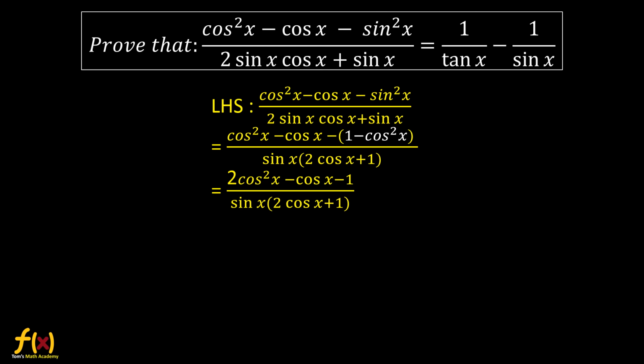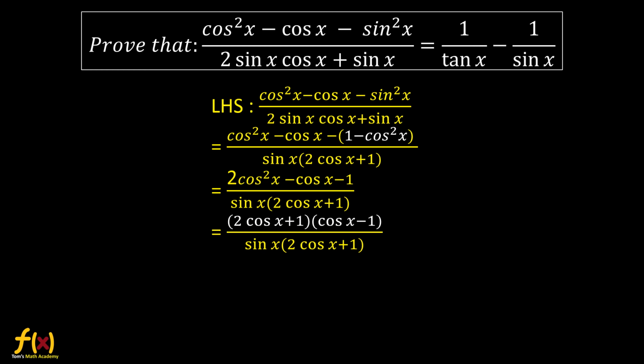We have to factorize the numerator now. We factorize very carefully. We get 2 cos x plus 1 times cos x minus 1. Very, very crucial step.